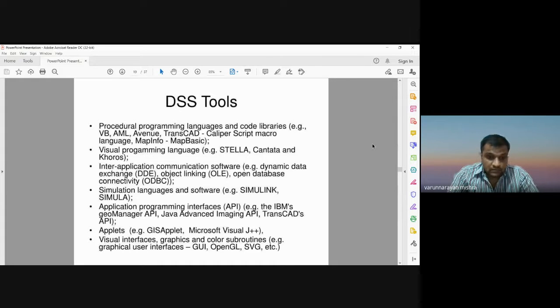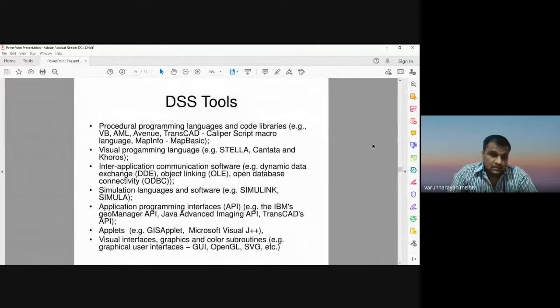There may be some visual interfaces, some graphics and color subroutines, having GUI, OpenGL, and SVG. So these are some programs, some programming codes, or software available in the market.